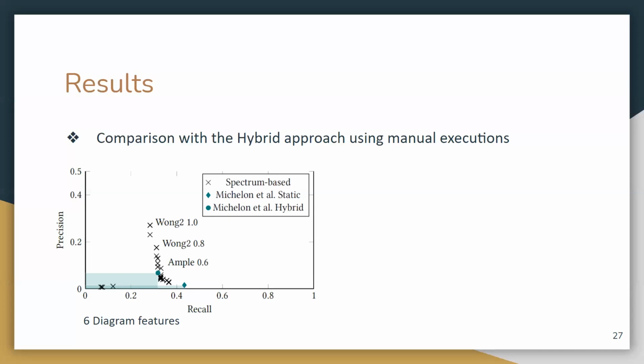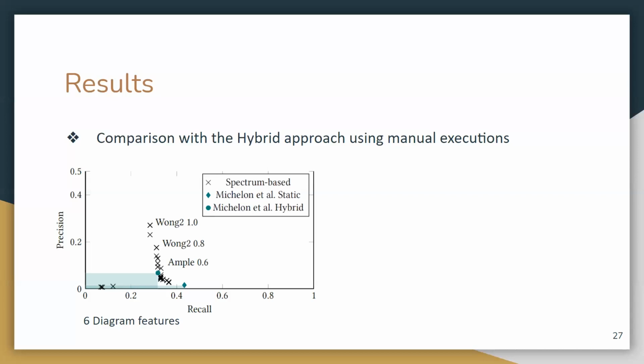Those are also the ones that obtain the highest F1, the harmonic mean of the precision and recall. For recall, not surprisingly, the highest values are obtained with low thresholds with different techniques. For example, Wong 2 0.1 or Hamming 0.1 and others.